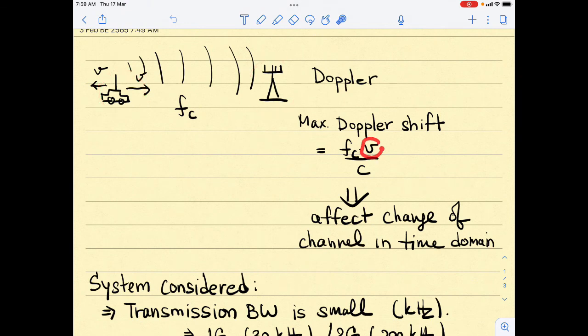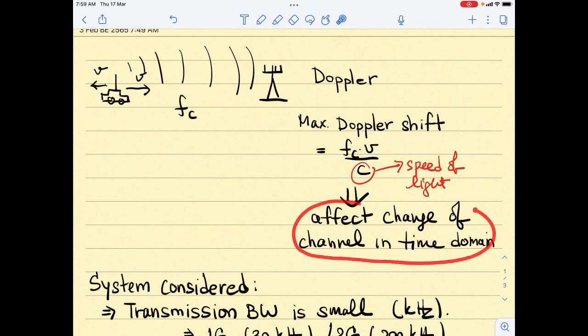Relative velocity is v, you have to convert this into meters per second, divided by c, which is the speed of light, which is 3 times 10 to the power of 8 meters per second. And this will affect the change of the channel in time domain.